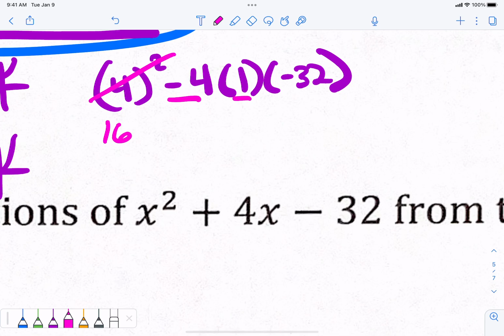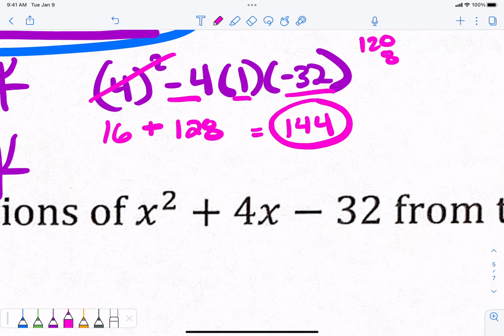Negative 4 times a positive 1 times a negative 32 is going to be a positive number. Does anybody know what 4 times 32 is? 4 times 30 is 120. 4 times 2 is 8. 128. Is that how you do it in your head? Or do you try to do it in your head? Try to do it in your head if you can. Okay? 128. All right, 128 plus 16 is 144.